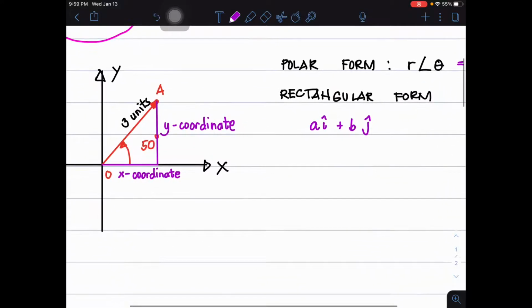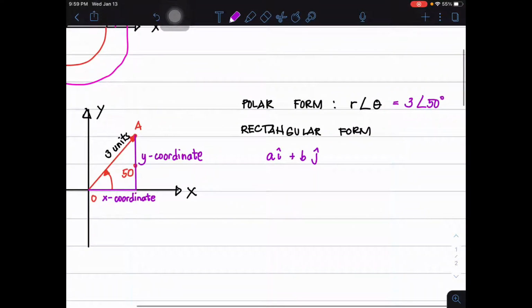Now, since we already have the triangle, let me draw it for you first. We have formulated a right triangle here.